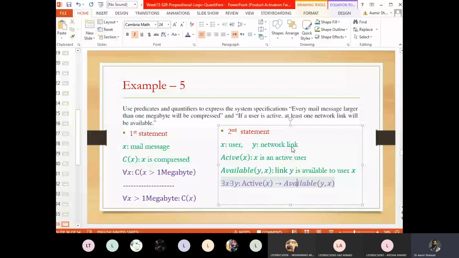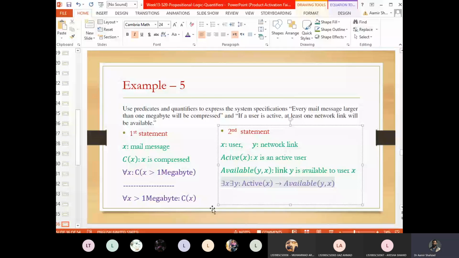If we want to express our statement in mathematical notation: if a user is active, it means there should be some user and some link, because it's at least one network link. So there exists some x, there exists some y, such that, colon means such that, active of x.